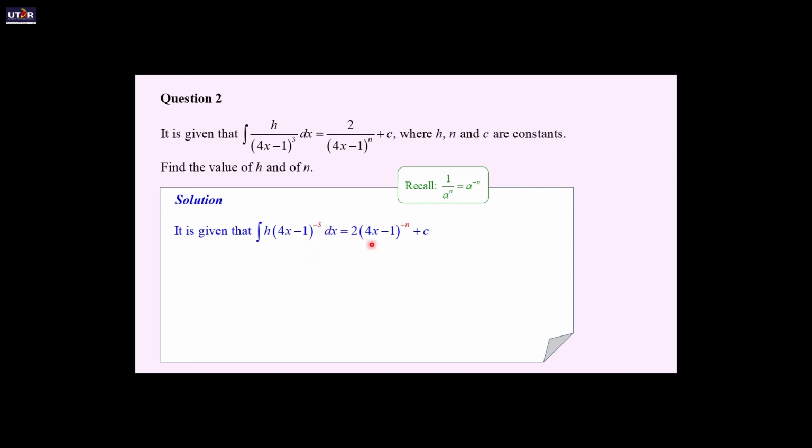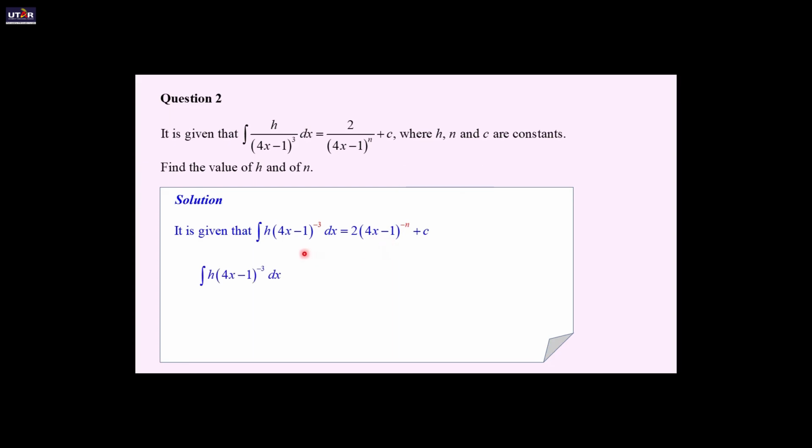Same goes to the right hand side, where 2 over (4x minus 1) to the power of n can be expressed as 2 multiply (4x minus 1) to the power of negative n. We change this to the negative index so that we can perform the integration easier later.